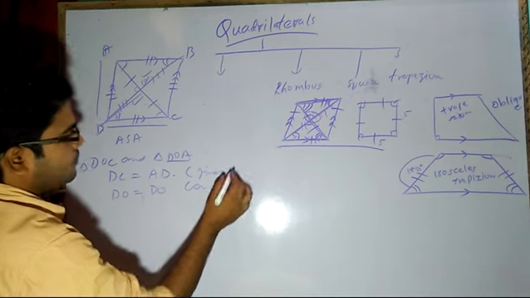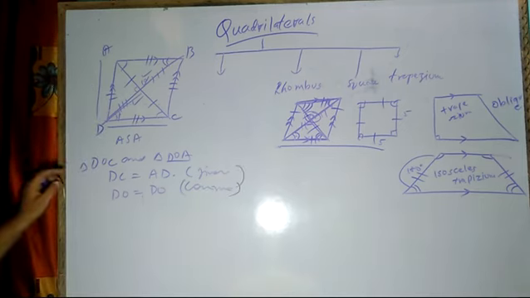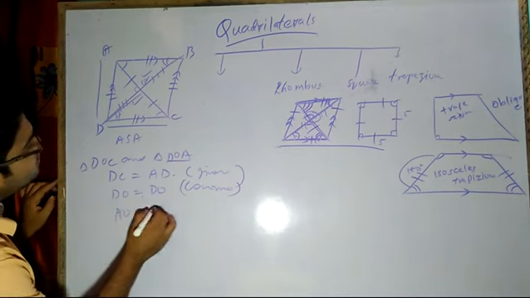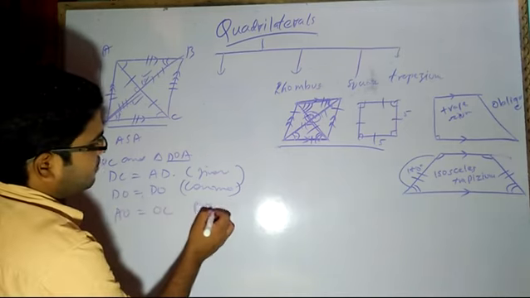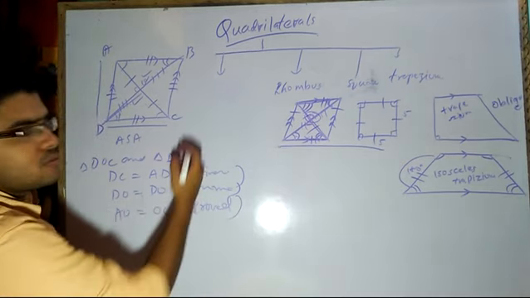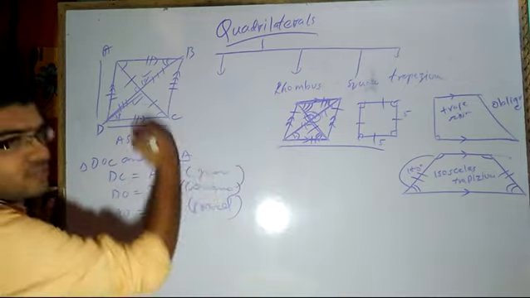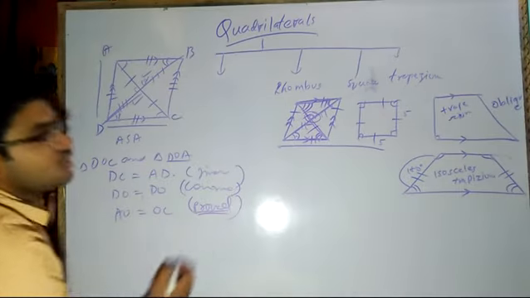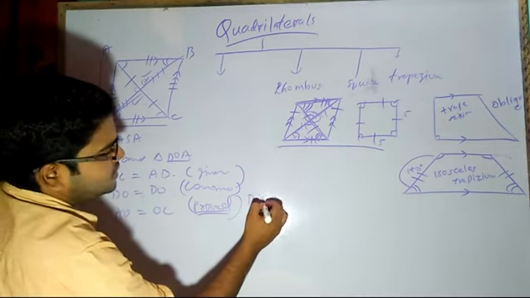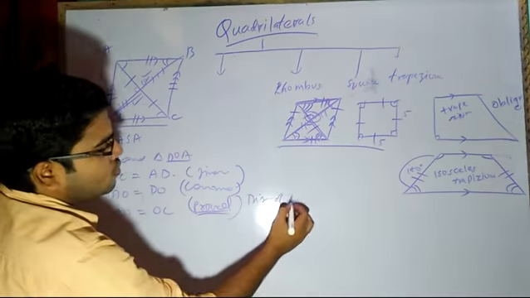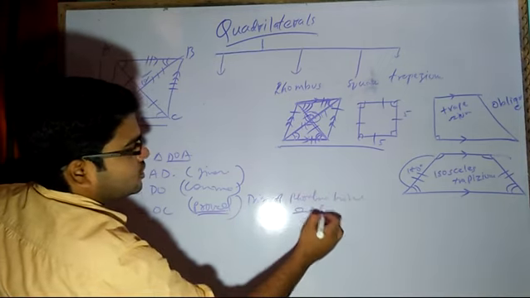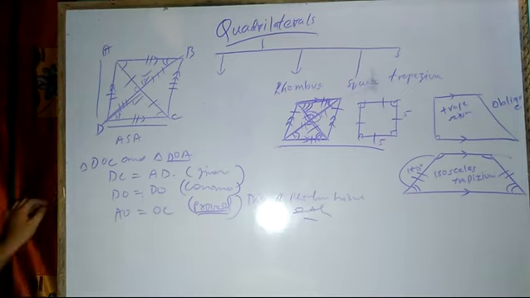This is common. Now these two sides are equal. Already we have proved that AO is equal to OC. It is proved. If you are not going to prove this, then you can also say here that diagonals of a rhombus bisect each other. This also you can mention and then clear it.